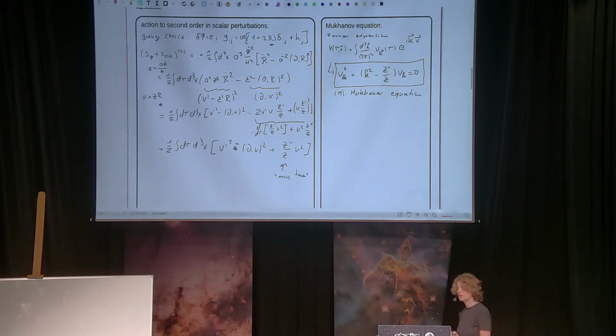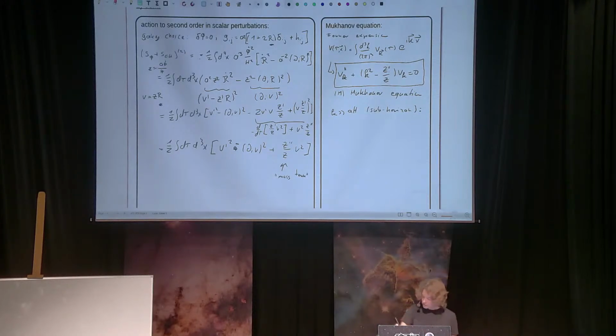This equation has two important limits. One is if k is much, much larger than aH, so large k, small scales. This is the subhorizon limit. Then this just describes free oscillations. If we recall again, z was defined as aφ̇/H, so you can now compute z″/z.